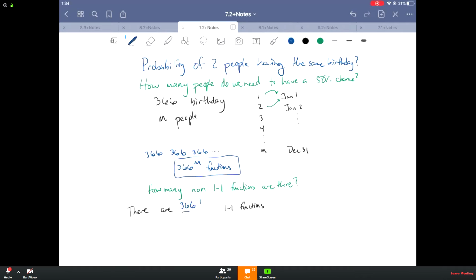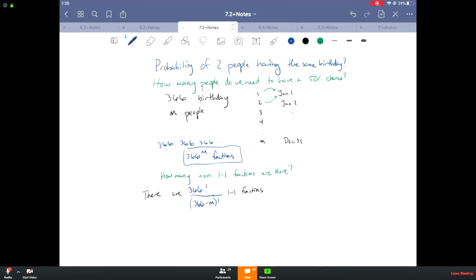Remember, you stop when you run out of m's, so 366 minus m factorial. It depends on how many people there are, on how far down the line you'll go. It's a permutation.